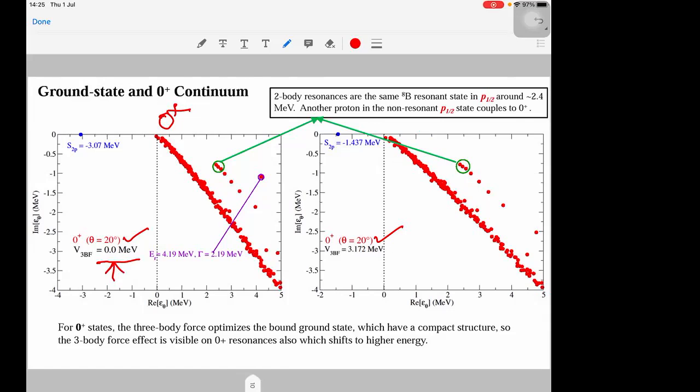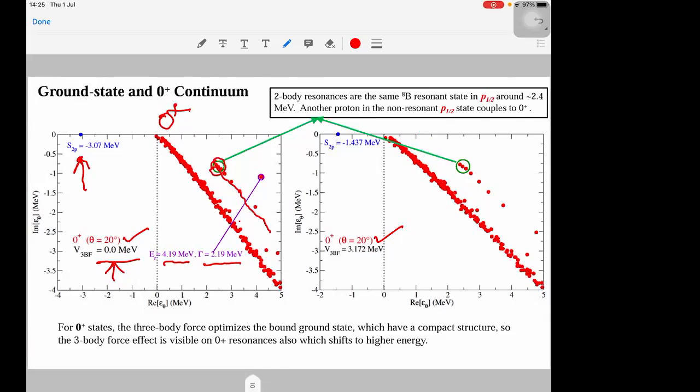what happens? The ground state is more deeply bound. We have a three-body resonance at 4.1 MeV with this width. And this line is the two-body resonance.